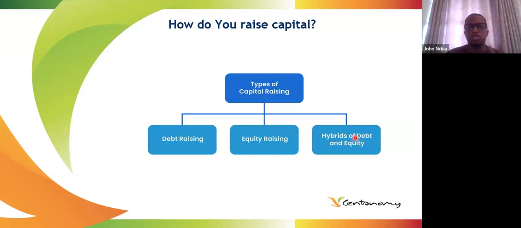We raise capital in two ways, which is debt and equity. So what is debt? It is what we have just discussed, fixed income. Basically, debt talks about a company going either to a bank, or issuing a bond to individuals like you and me, and raising money, which they're supposed to pay back.